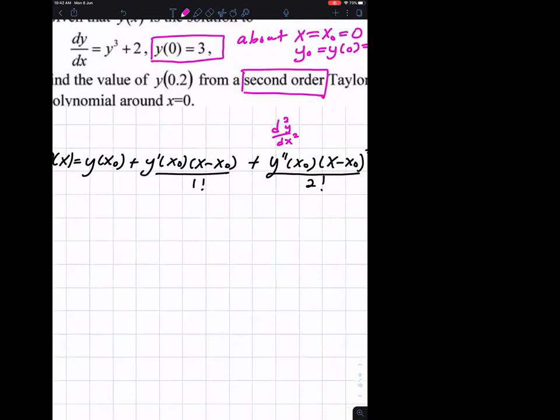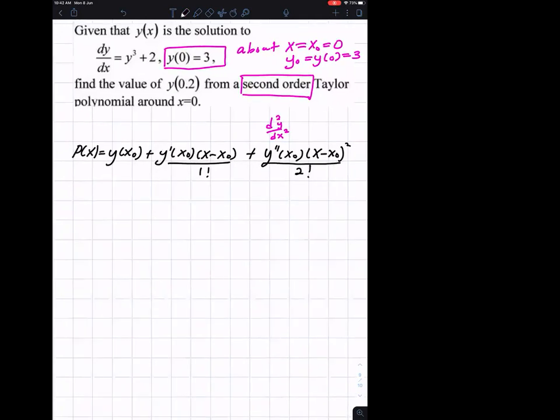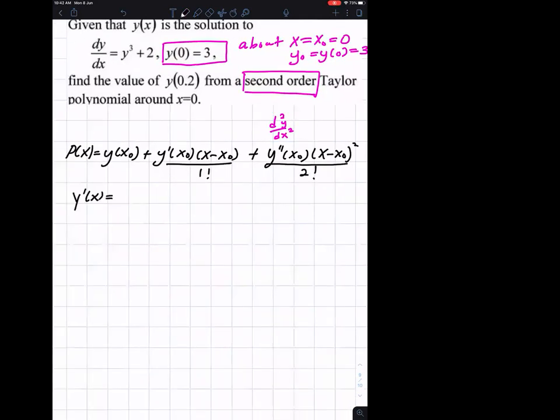Okay, next thing, we are already given the first derivative. I'm going to use y prime(x) as given here, as a function of x. You don't have to put the function of x if you don't want to, but I'm going to put it here so that later on substitution becomes easier.